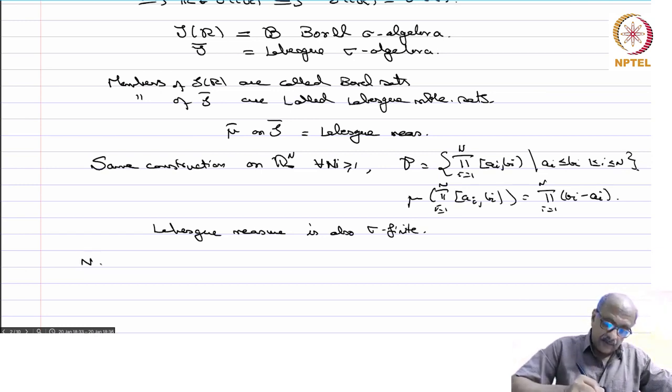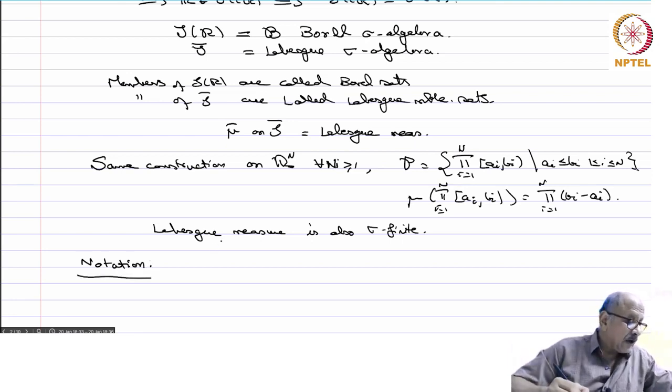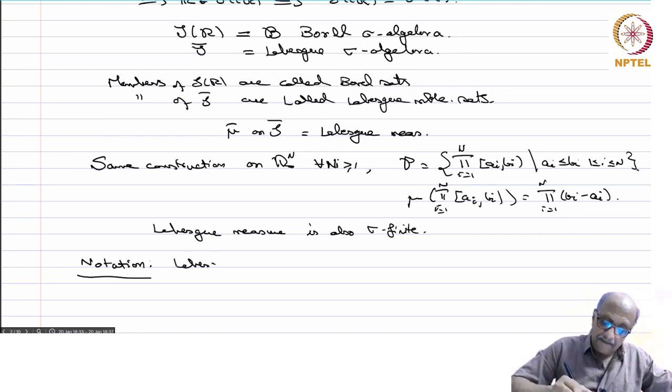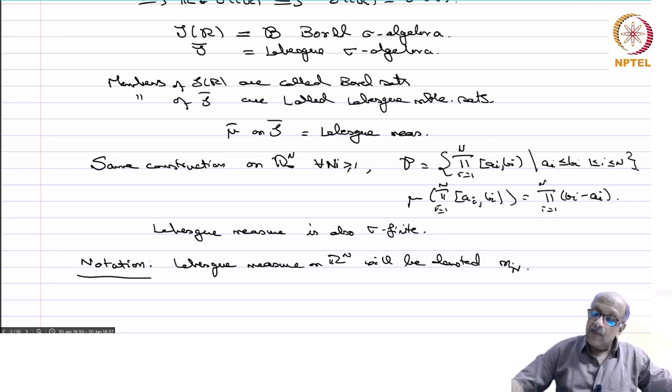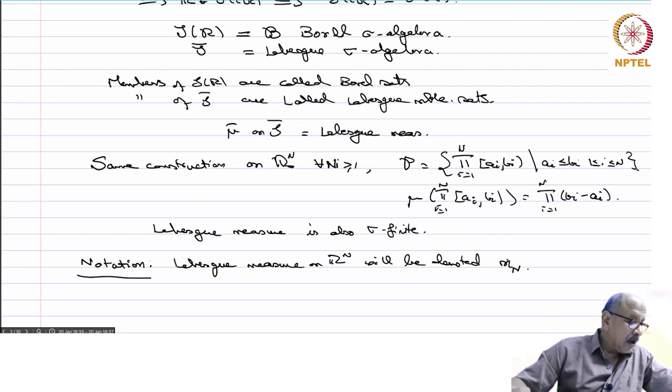Okay, so notation. Henceforth we will use the following convenient notation because we should be somewhat systematic. So Lebesgue measure on R^n will be denoted m_n. So in particular, m_1 will be the Lebesgue measure in R^1.